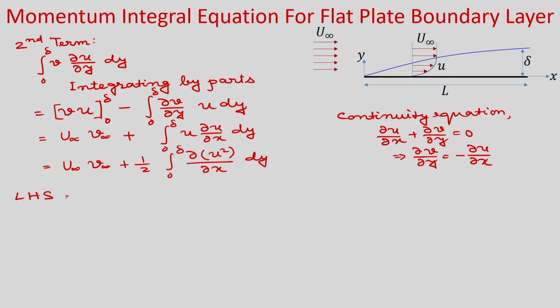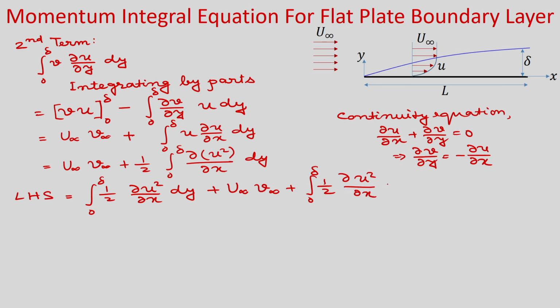So, now let us simplify the left hand side. We have two terms, we have already written those two terms. So, on the left hand side we are going to get the first term we have written, integral 0 to delta half ∂u²/∂x dy, and this is the term u infinity v infinity, plus integral 0 to delta half ∂u²/∂x dy.